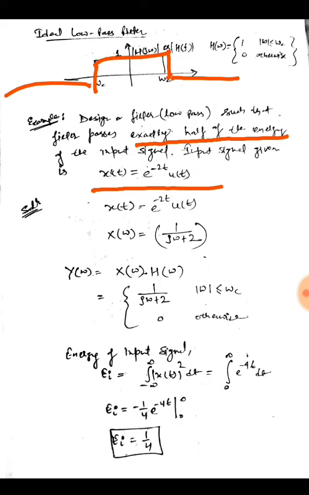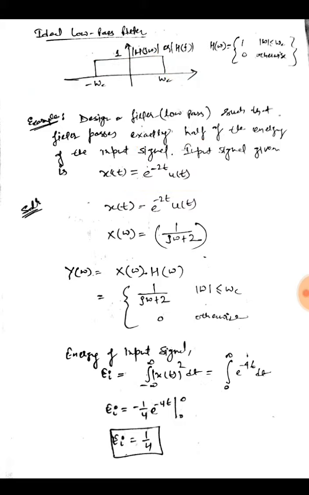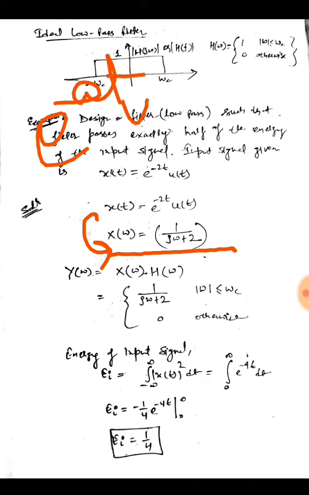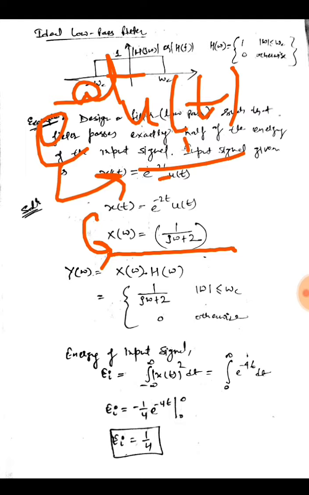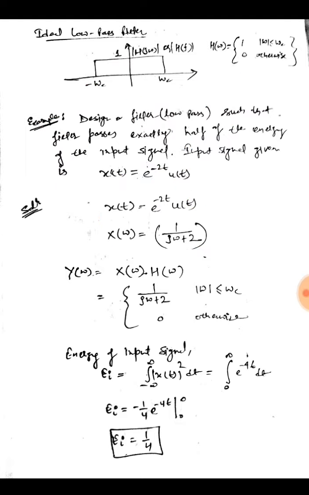Now taking the Fourier transform of the input x(t), I will get X(omega) as 1 upon j omega plus 2, as for e raised to power minus at, the Fourier transform is 1 upon a plus j omega. So this comes out to be 1 upon j omega plus 2.